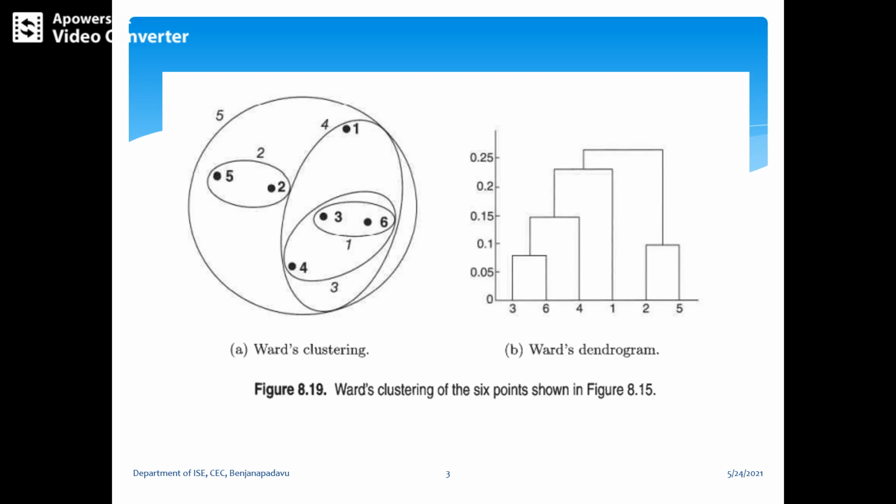Another issue in hierarchical clustering is the ability to handle different cluster sizes. One aspect of agglomerative hierarchical clustering that we have not yet discussed is how to treat the relative sizes of the pair of clusters that are merged. There are two approaches: weighted, which treats all clusters equally, and unweighted, which takes the number of points in each cluster into account.